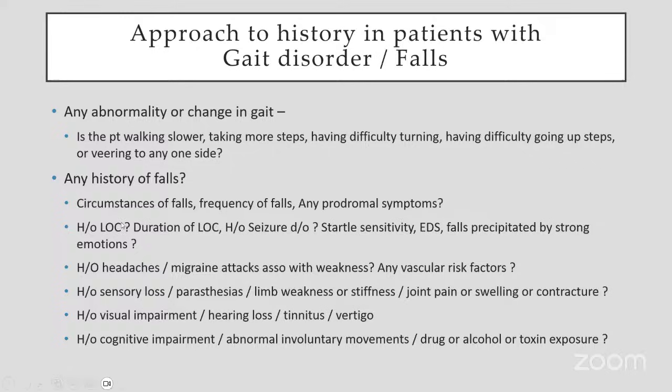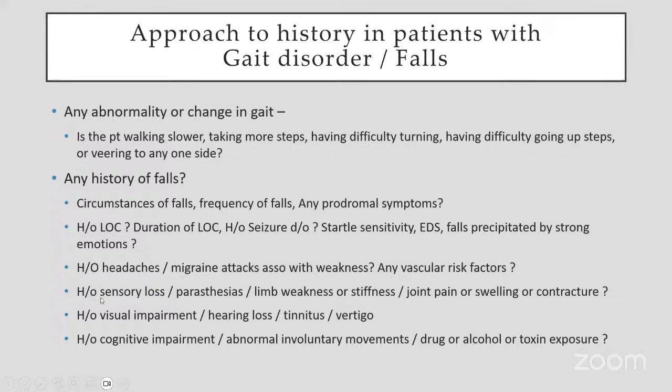Any history of loss of consciousness, if so, what is the duration of loss of consciousness, any history of seizures, or is it because of any startle sensitivity, or excessive daytime sleepiness, falls precipitated by strong emotions, or any history of headaches, migraine attacks, associated weakness, or any vascular risk factors.